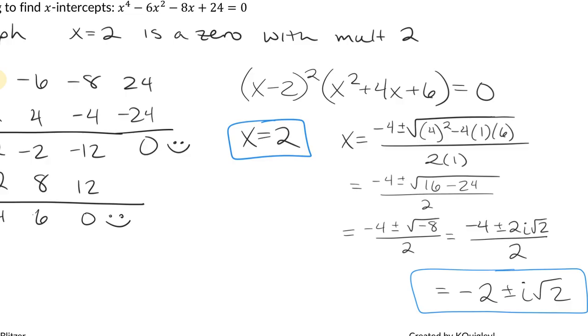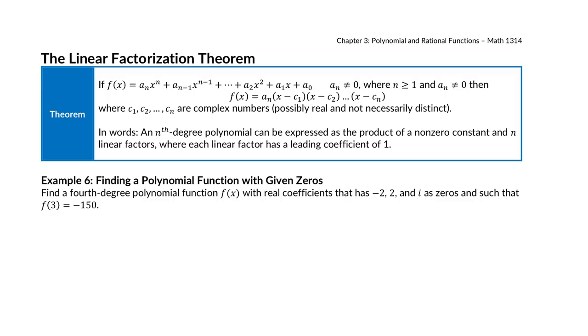So we've done one direction where we've taken a standard form polynomial and we found the zeros. But what if we start the other direction? The linear factorization theorem is going to start you off with the zeros and ask you to work backwards and write the polynomial.